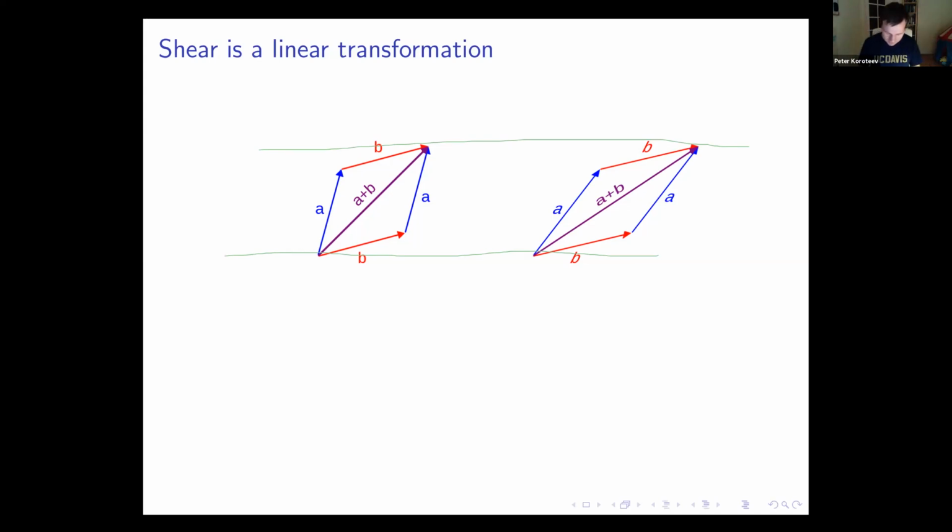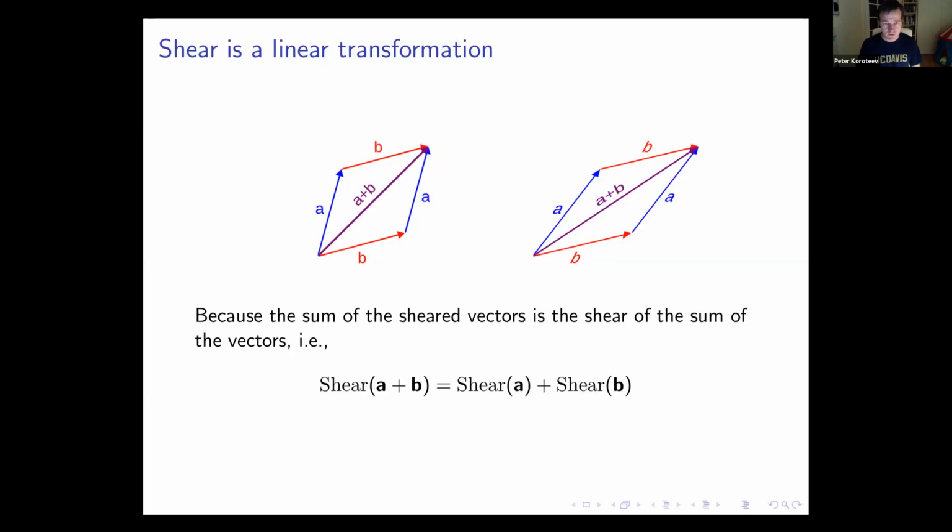So the picture got stretched. So this distance got stretched. Right, the sum of sheared vectors is the shear of the sum of vectors, right? We'll write all the matrices for them, and yeah, geometrically it preserves the rule.